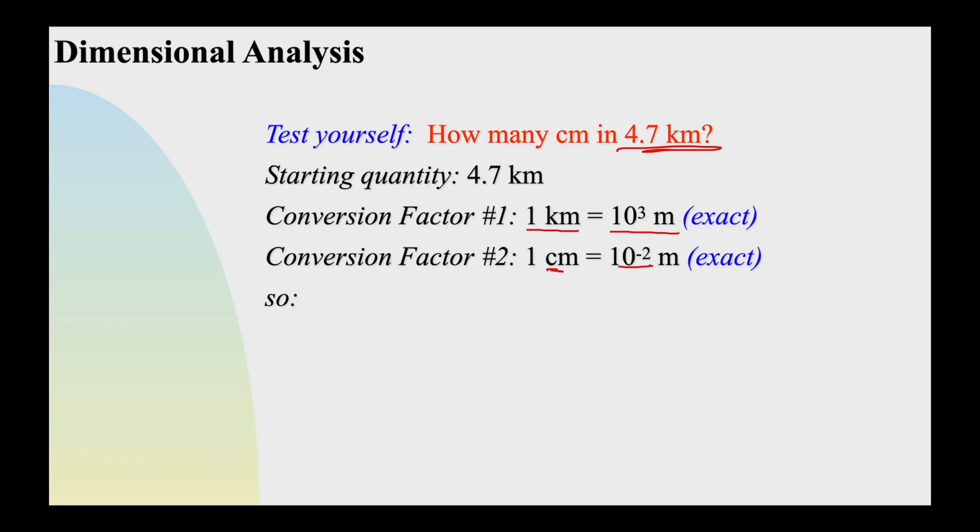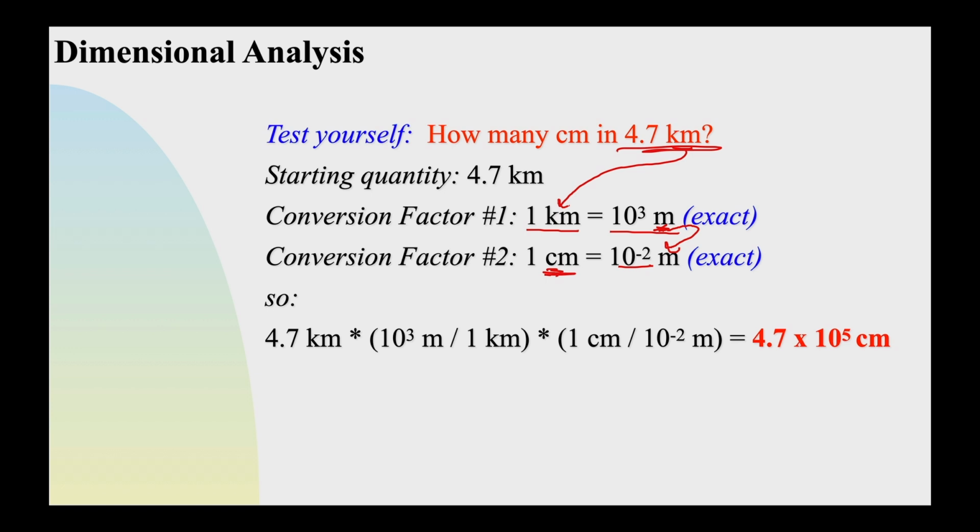centi was 10 to the minus 2, so a centimeter is 10 to the minus 2 meters. So in this problem, I'm going to use the 4.7 kilometers, and I'm going to cancel it with this kilometer to get meters. And then I can use this meters and that meters to cancel each other out and be left with just centimeters. So what I would do here, start with 4.7 kilometers times 10 to the third meters per 1 kilometer.